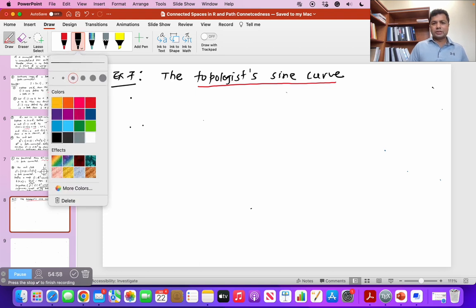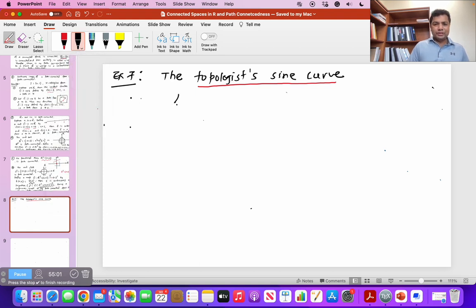Basically, the topologist's sine curve is the union of two sets in R2. The first one is the set of all (x, y) such that x is 0 and y is in the interval from -1 to +1. So the first coordinate is 0 and the second coordinate is any number between -1 and +1. That is basically the y-axis from -1 to +1.